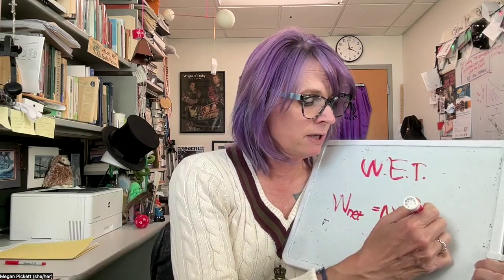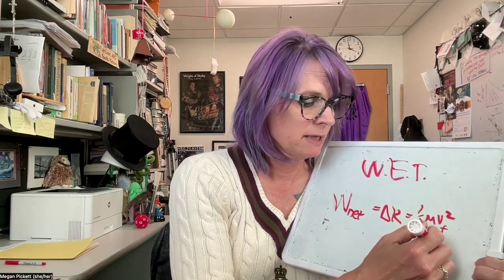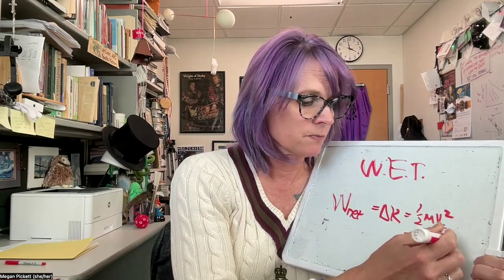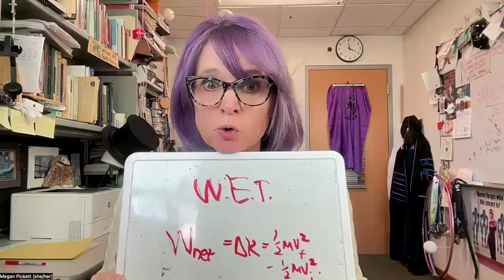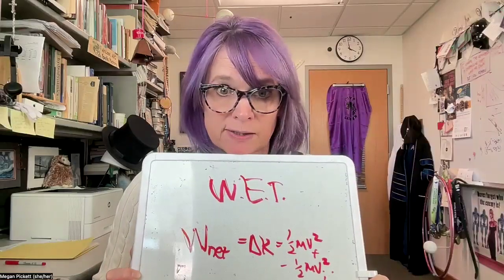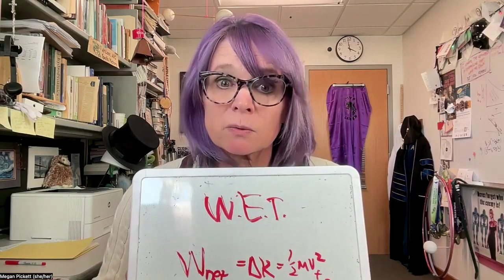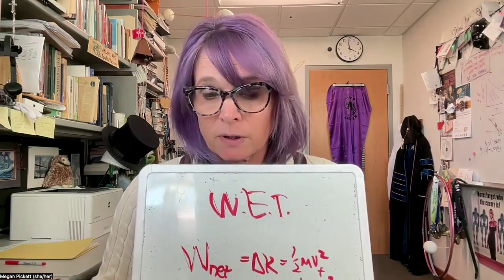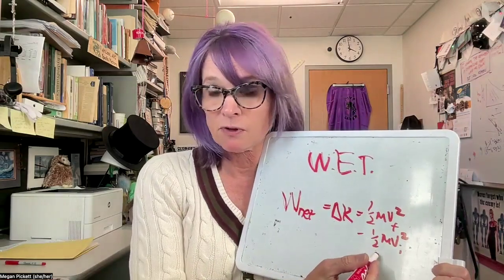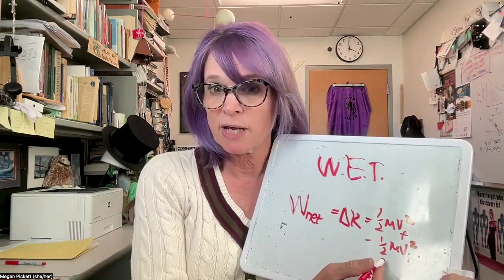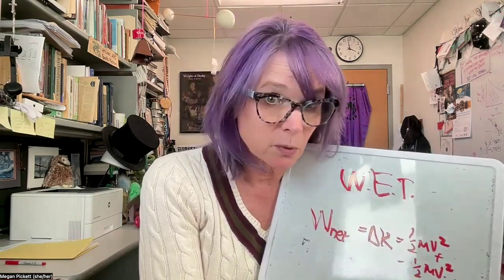That's 1/2 m v final squared minus 1/2 m v initial squared. Why do we care about this? Well, if we do positive work on something, that is, we give it a push in the direction that it was originally traveling, then the final velocity will be bigger than the initial velocity. The kinetic energy, the energy that's associated with motion, will increase.